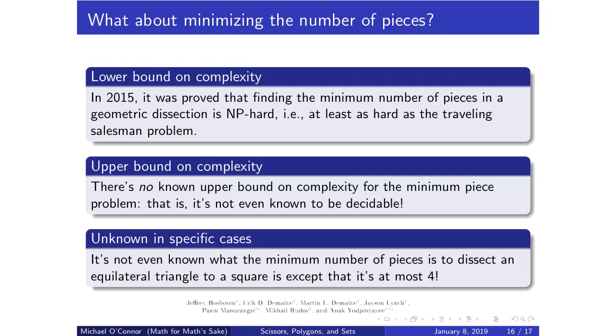The most surprising thing which I found in researching this is that it's really hard. It's really hard to prove anything. And in fact, that 4-piece dissection, which Dudeney had of the triangle, it's not even known if that's the best. This is a paper that was written in 2015, which remarked that it's not even known, you might be able to do that in 3 pieces. Nobody knows. And it's such simple shapes, which is very surprising to me.